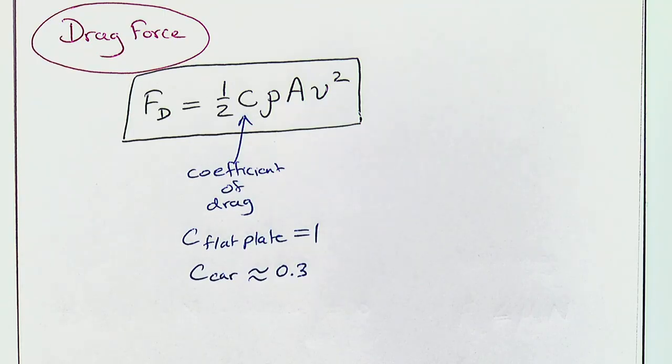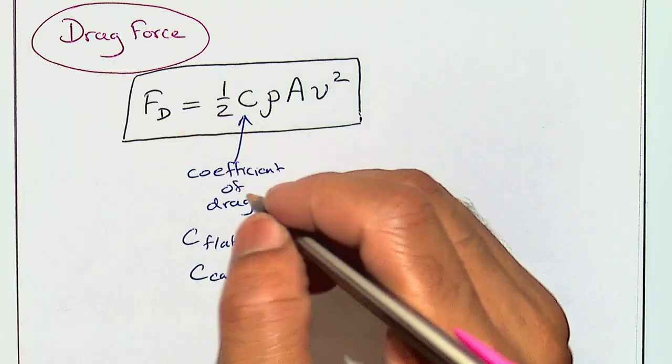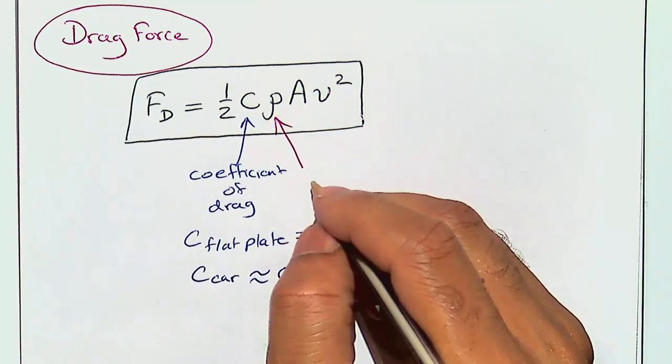So you want to make it streamlined, kind of like a sports car, or an airplane. They're designed to reduce drag. You don't want to have a high amount of drag when you're trying to fly through the air or drive through the air.